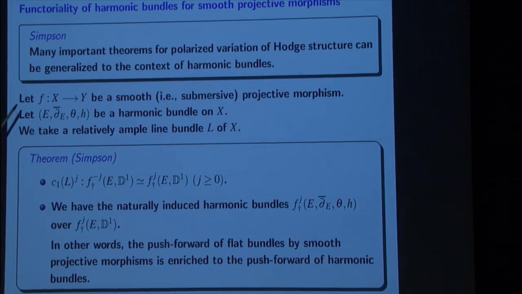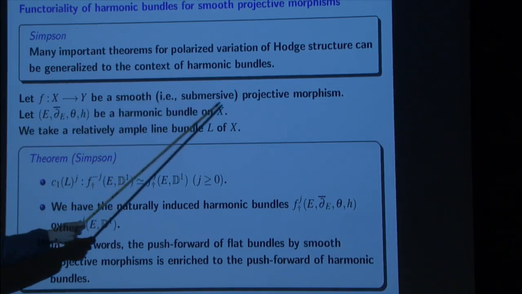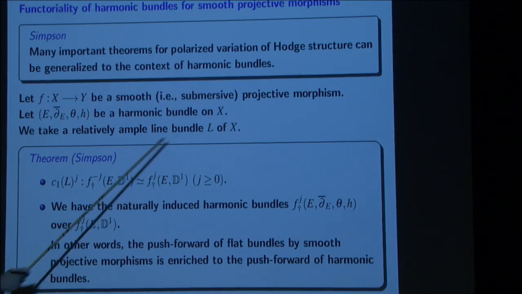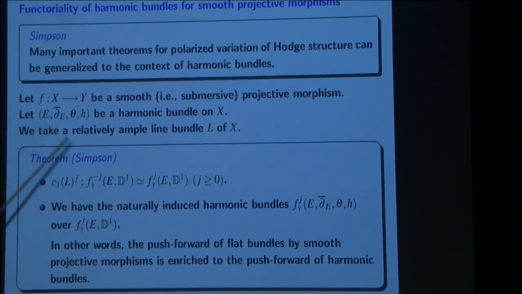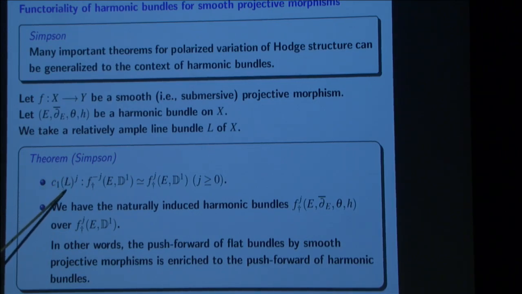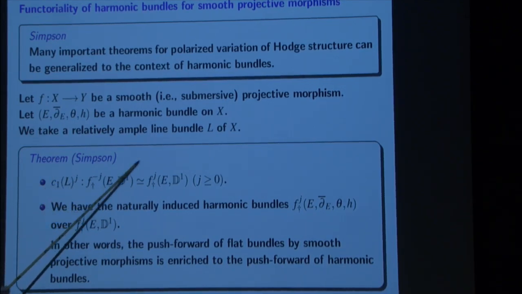For instance, suppose we are given a smooth projective morphism, and a harmonic bundle on X, and we take a relatively ample line bundle L of X. Then, as the push forward of the underlying flat bundles, we obtain flat bundles on Y. And he proved that the morphism induced by the first Chern class of L is an isomorphism. So this is a hard Lefschetz theorem in these situations.